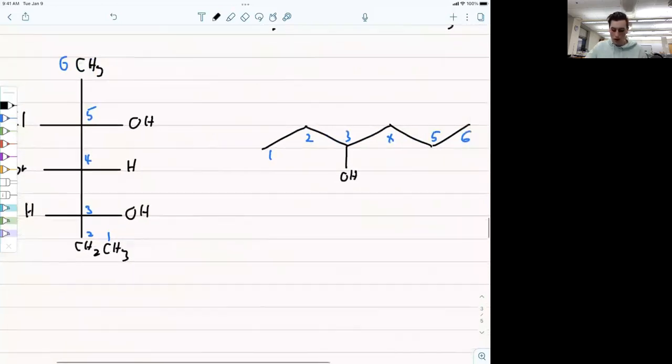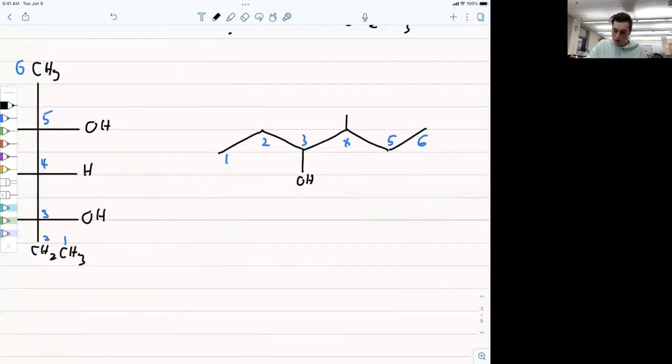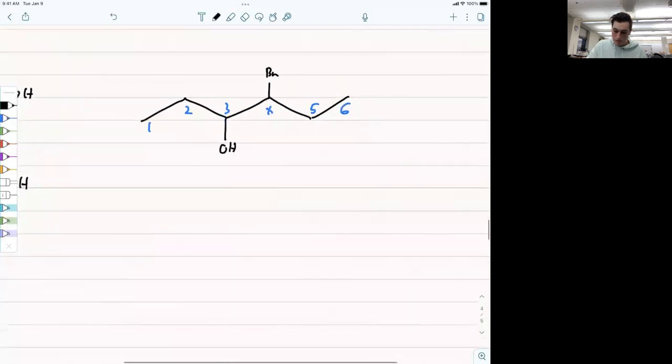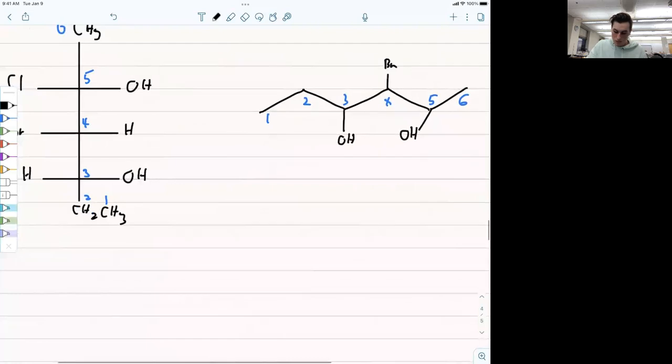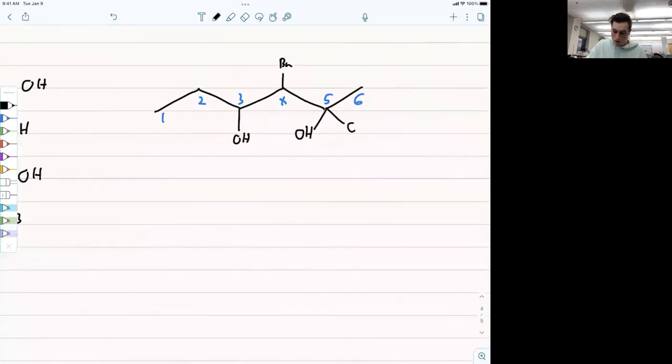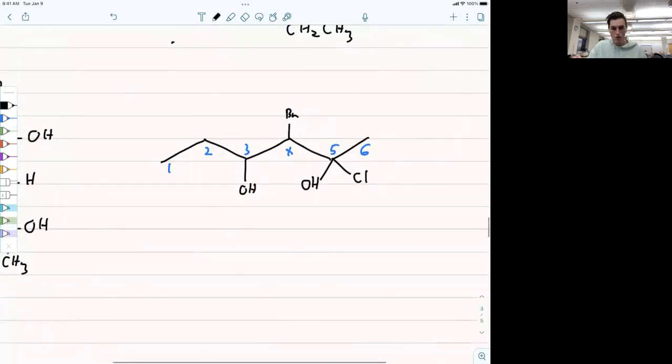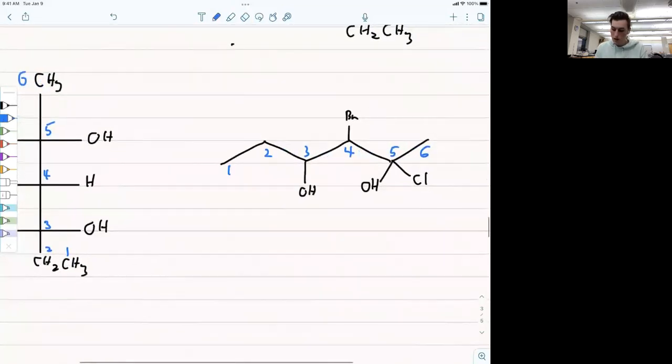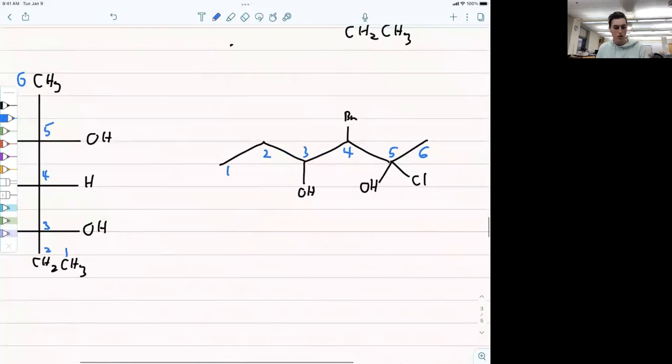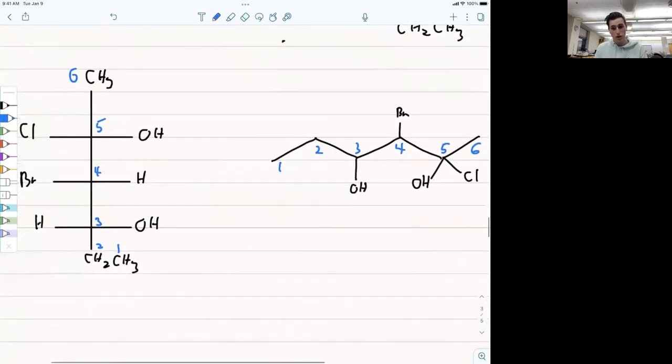As people figure that out, I'm going to keep putting my stuff on here. I'm looking to find the stereochemistry of each one of these because my Fischer projections do give me stereochemistry.